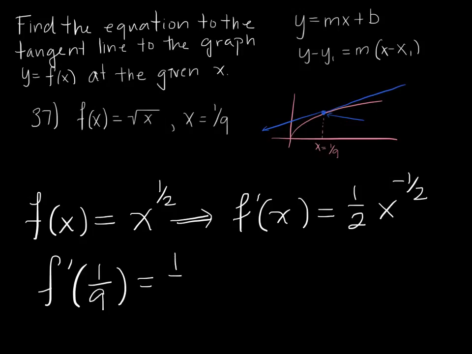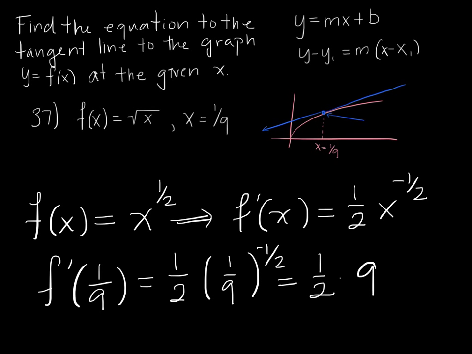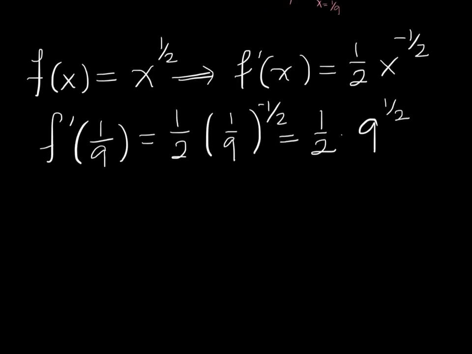And we get 1/2 times 1/9 to the negative 1/2, which gives us 1/2 times 9 to the 1/2, which equals 1/2 times 3, which is 3/2.